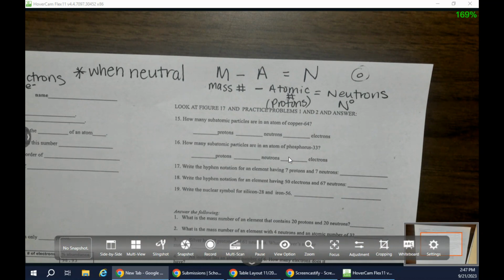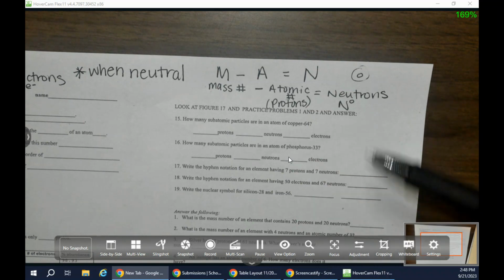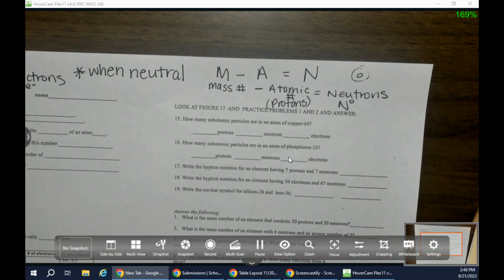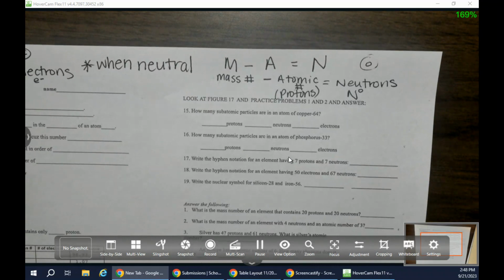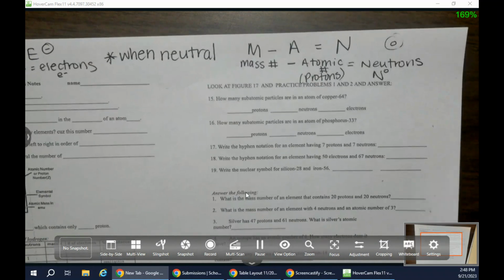If you look at a periodic table, every single element has a different number. No number repeats itself. That's because we're talking about those protons in the nucleus. That's what defines it, so it gives it identity. And then the electrons give it its reactivity, and the neutrons just give it some mass, and we'll talk about isotopes today as well.